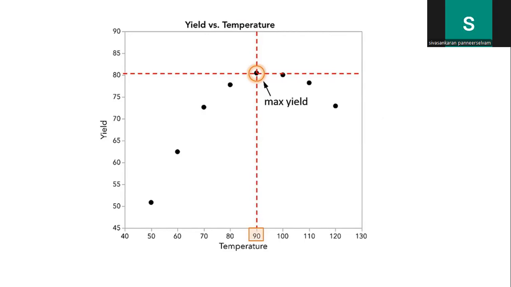So the furnace temperatures range from 40 to 130 degrees Celsius, and these are the output response measured in efficiency. So here the most optimum value is 90 degrees Celsius. For 90 degrees Celsius, the maximum yield is considered to be 80%.